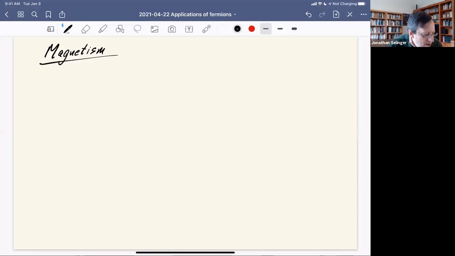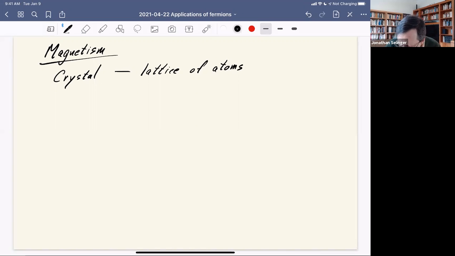Okay, but now let's suppose you have a crystal. And a crystal is a whole lattice of atoms. And so, we might draw it with a picture like this. Okay, so here's a square lattice, for example.